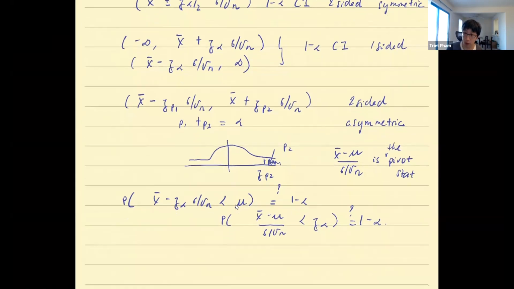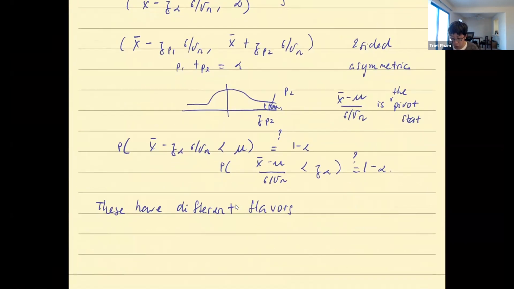They have different flavors to begin with. For example, and I won't go too much into this, but the following questions may be different for you. Suppose you ask this question: mu is not equal to 0, mu is bigger than 0, or mu is less than 0. I hope anyone will see that these are 3 different questions.